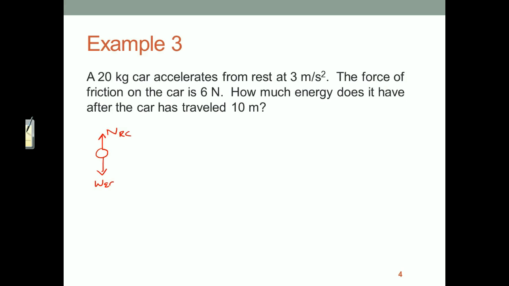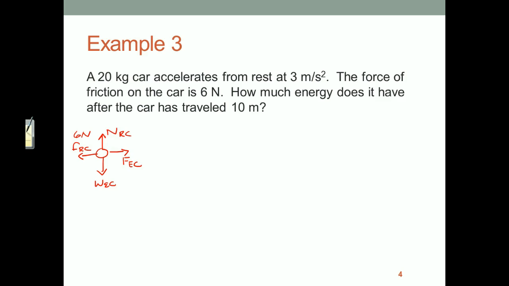The car has some weight. There has to be something that causes it to accelerate, so I'm going to call it some engines. And I have friction because frictionless roads are considered bad, if you will. We are told the force of friction over here is 6 newtons, so I'm just going to make a note of that.